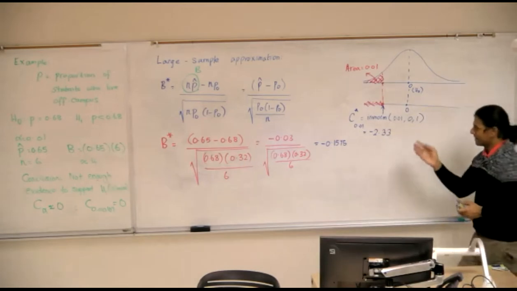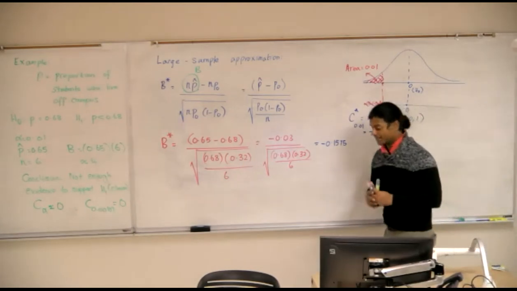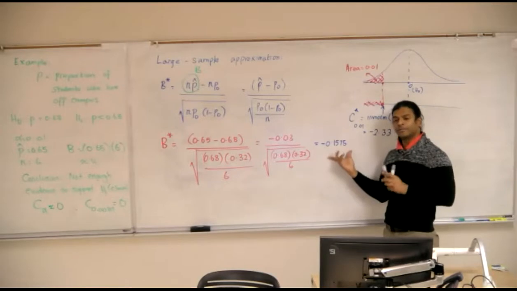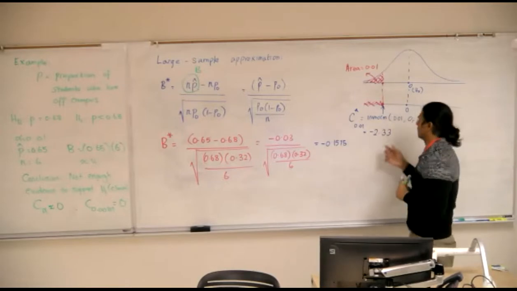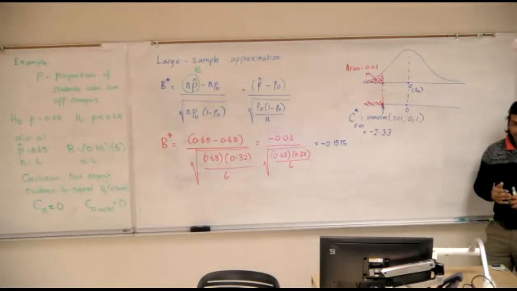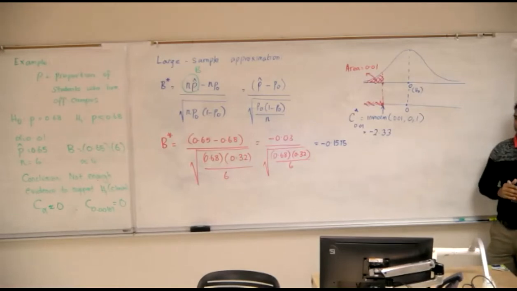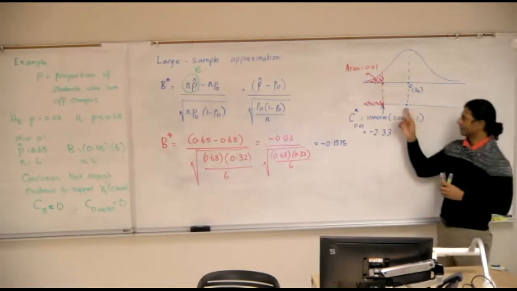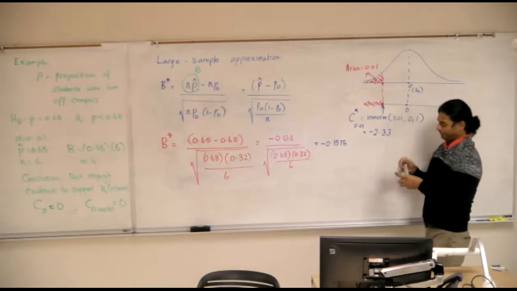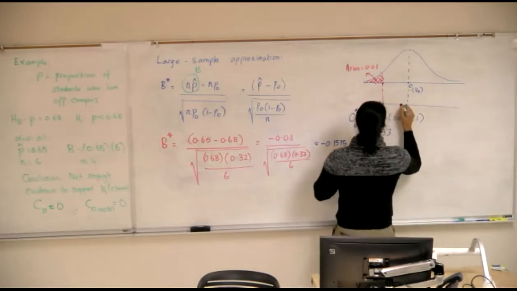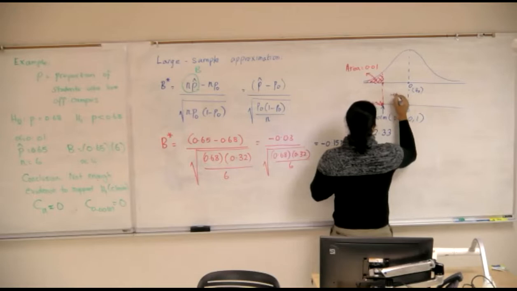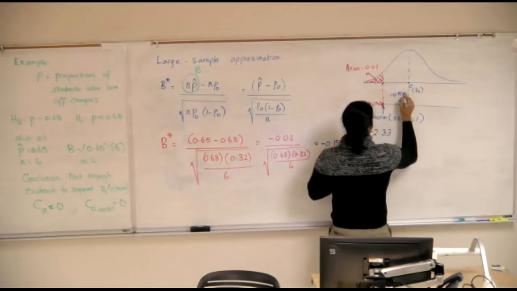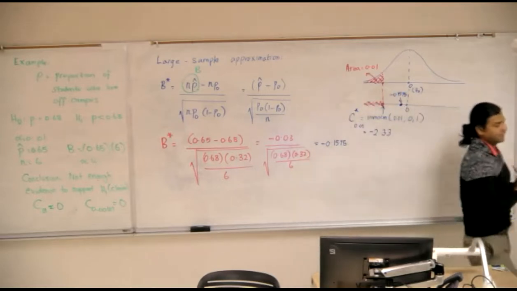The standardized test statistic that we found is negative 0.1575, right here somewhere. Did the test statistic fall in the rejection region?